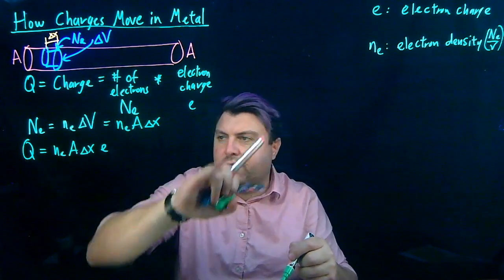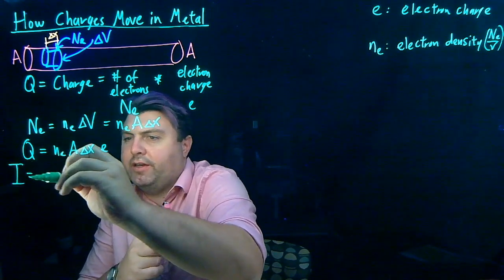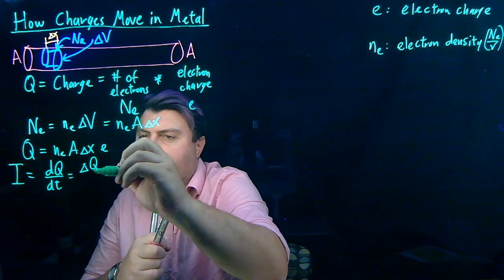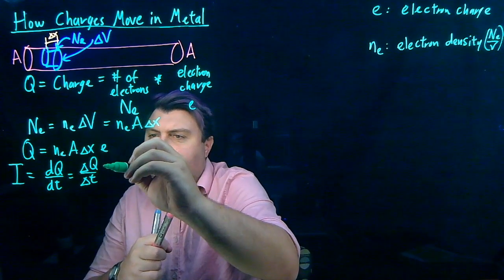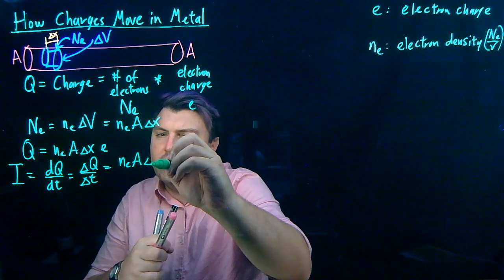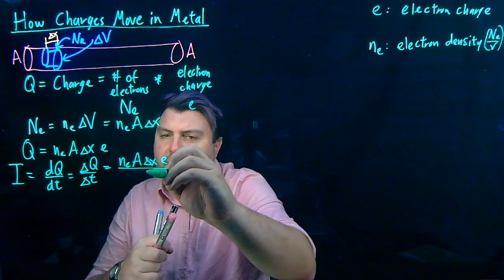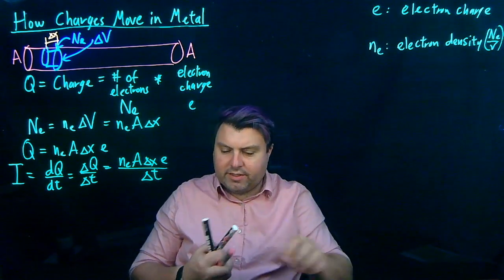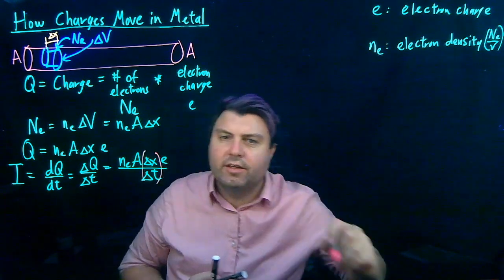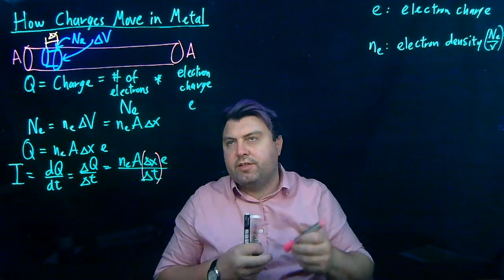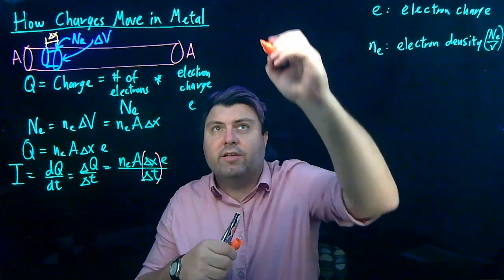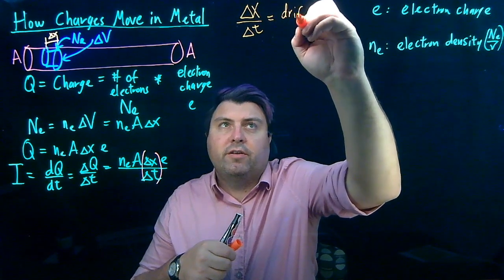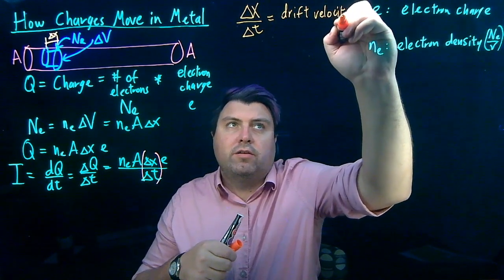We want to talk about the flow of charge, so we define I as dQ dt, or as delta Q over delta T. So I have my delta Q, N sub E A delta X E, and I'm dividing by delta T. So in this case, I can take a look specifically at delta X over delta T. My delta X over delta T is called the drift velocity.